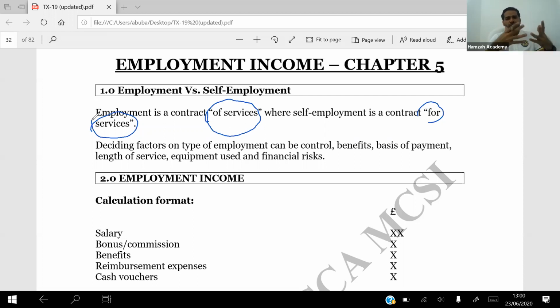Maybe 3 or 4 of these factors will be available in the couple of paragraphs that you will be reading in the question. So you should be looking for all these factors. The first factor is control. Now, what is control? Control means who exactly is the party controlling that person's work.